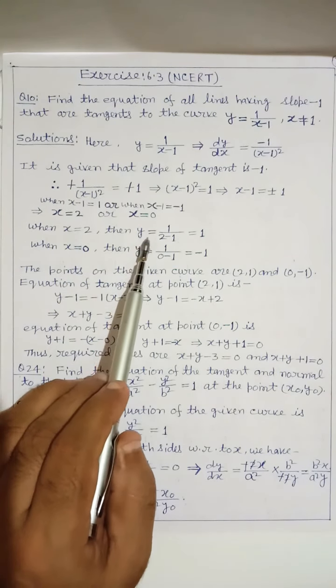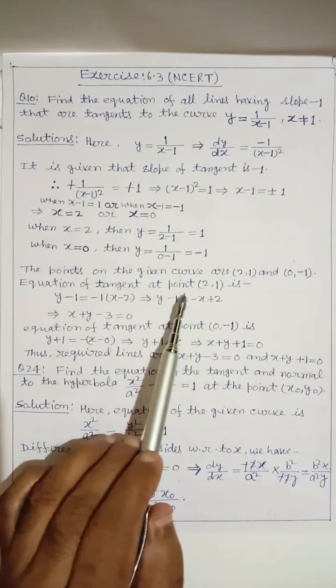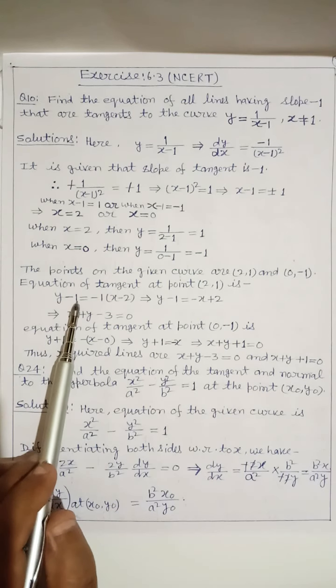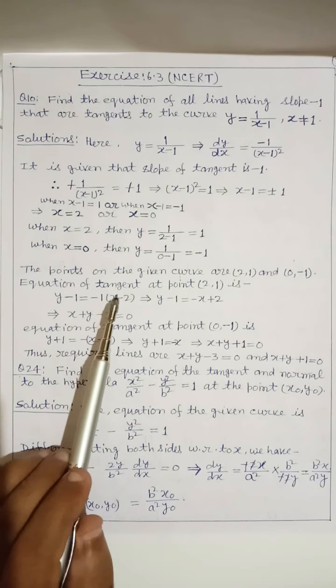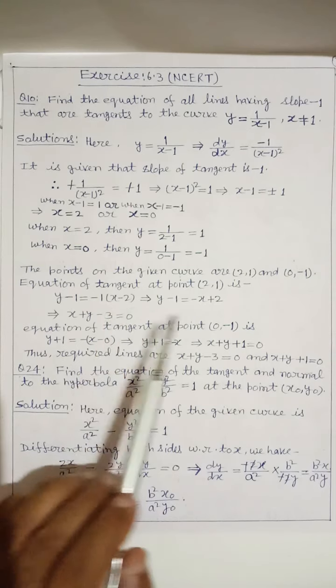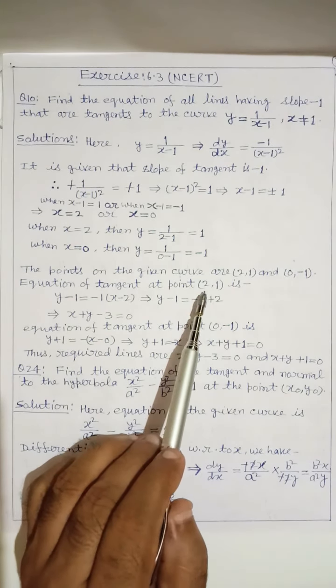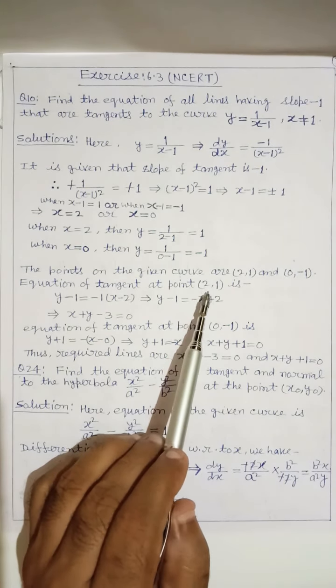Therefore, the equation of tangent at point (2, 1) is y minus y1 equal to dy by dx at x equal to 2, into x minus x1. We put the values of x1, y1.